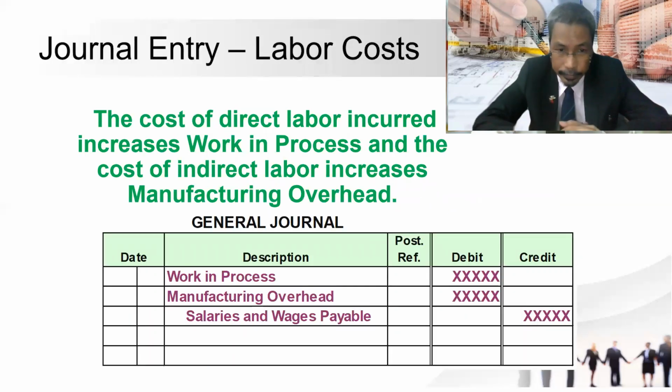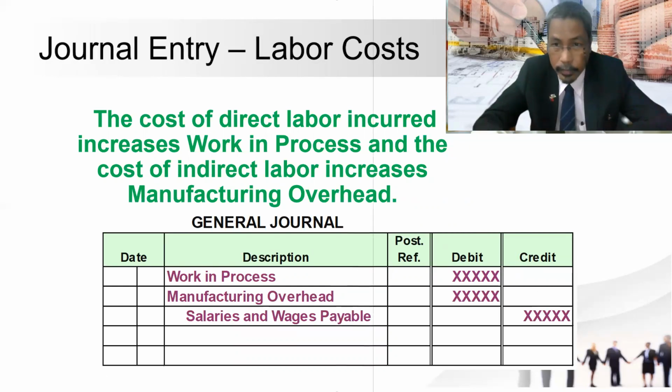For example, overhead salaries and wages, so direct labor and indirect labor. The cost of direct labor incurred increases work in process, and the cost of indirect labor increases manufacturing overhead. So just like what I've already mentioned, if you total these two, it is equal to this one.